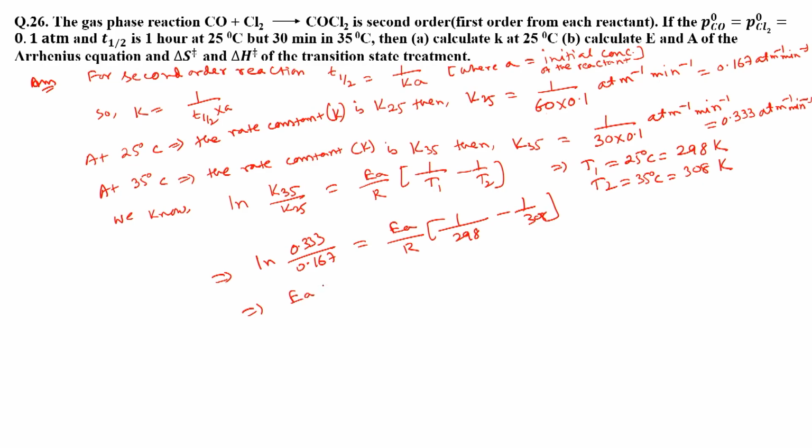So value of EA is 298 times 308 divided by 10 times ln 2 times R. So we get the value of EA as 12586.57 calorie.